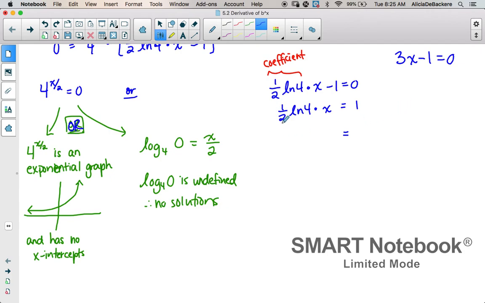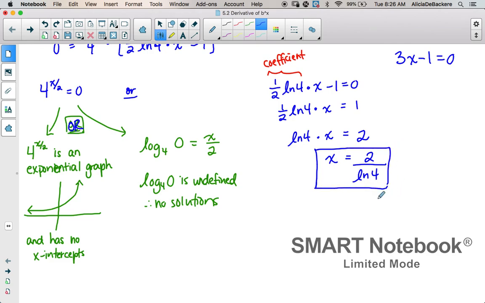So if I'm dividing by 2 on this side, I'm going to multiply by 2 on the other side. And then I've got the ln 4, so I'm going to divide it out to the other side. Or you could do that in the opposite order. You could move the ln 4 first and then the 2. Either way, you're going to come up with this answer here that x is equal to 2 over ln 4.